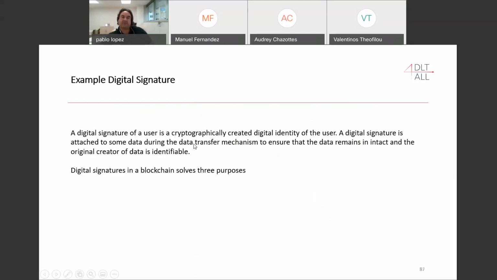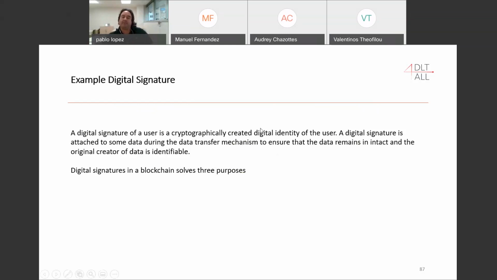A digital signature of a user is a cryptographically created digital identity of the user. If we became maximalist about it, we can say that, properly, okay, it's a digital identity, but it's not the digital identity of someone, of the user.